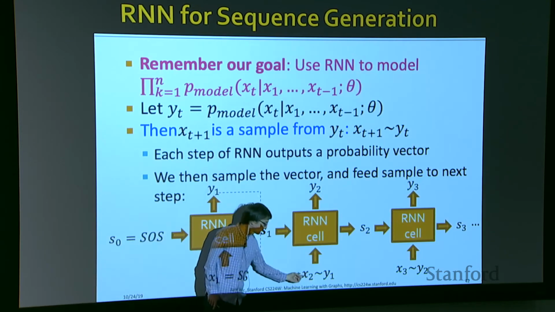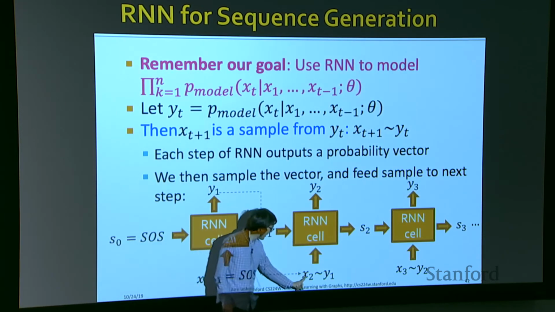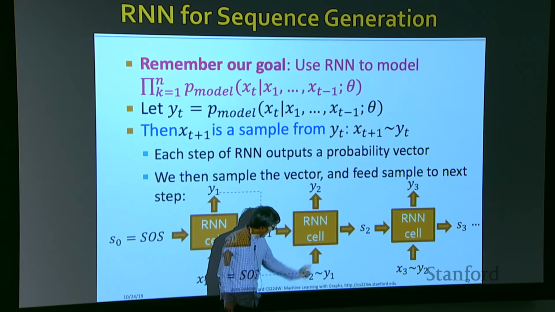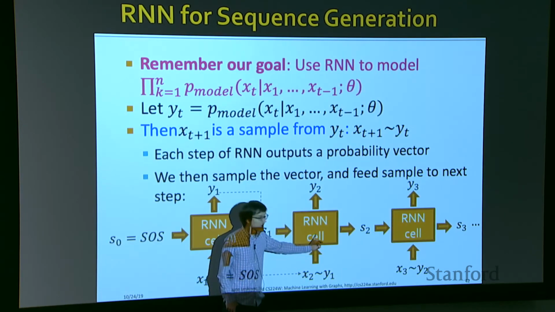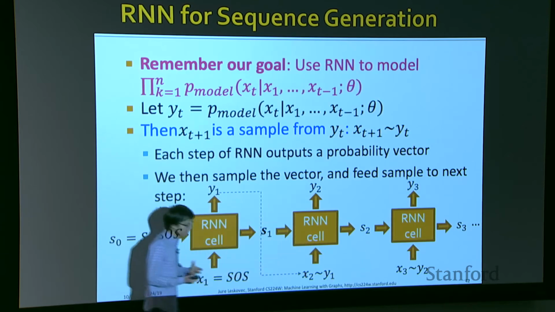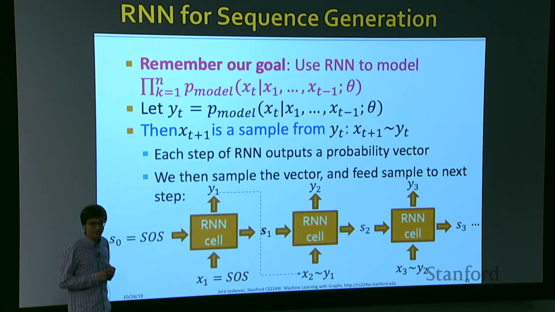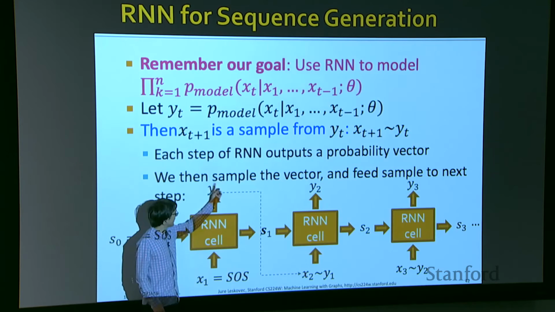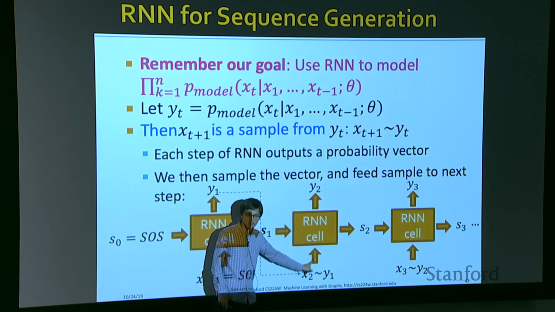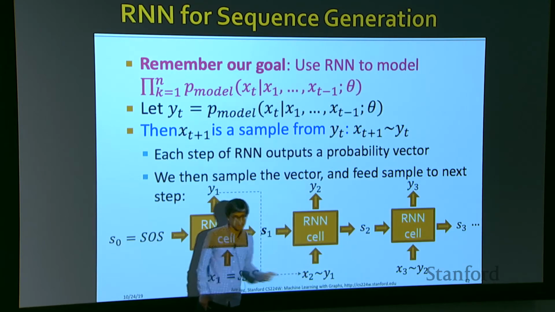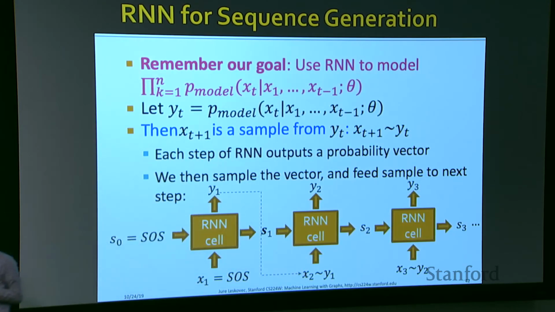And after I have an edge or not, I put this in as an input to the next cell. Now my model is stochastic, because I have a probability, I sample an x, and then I feed the x in. Okay? So there will be some stochasticity.